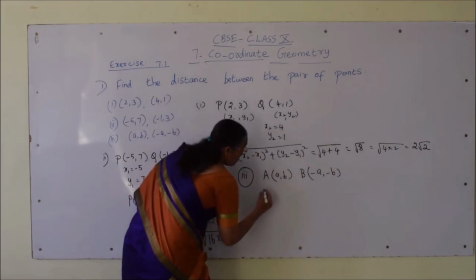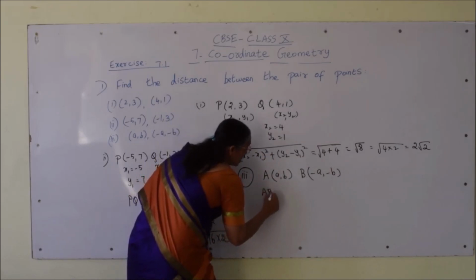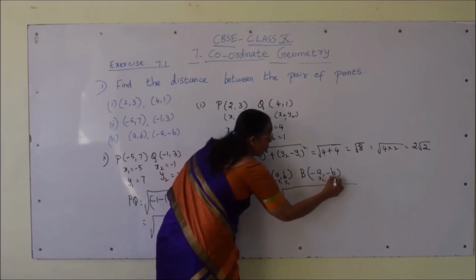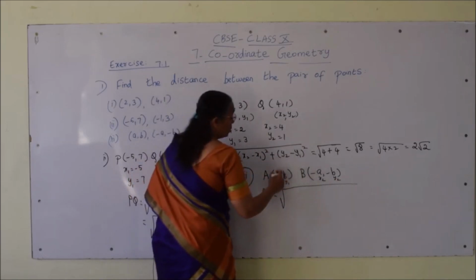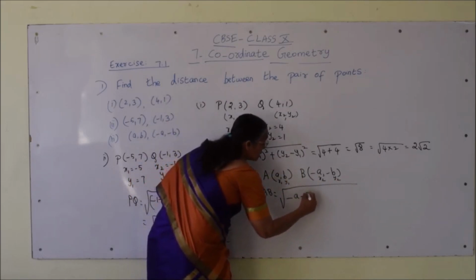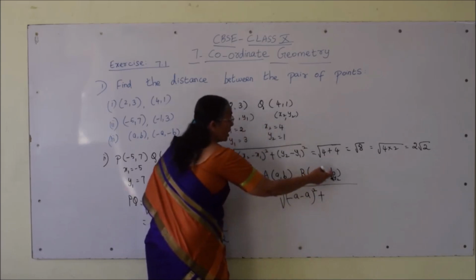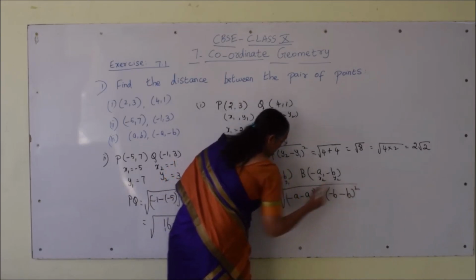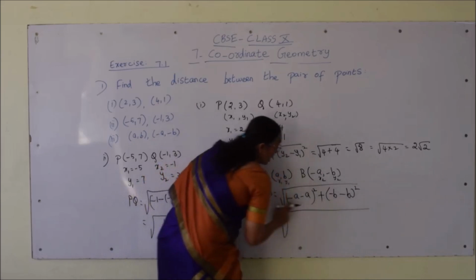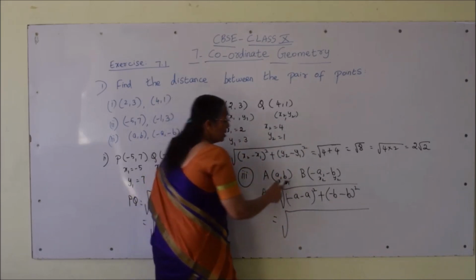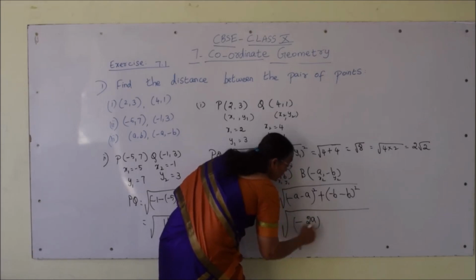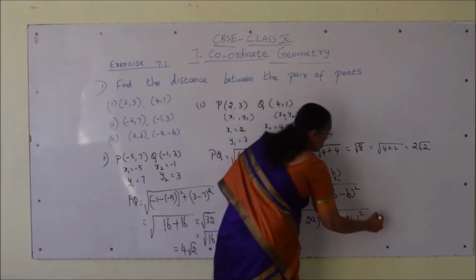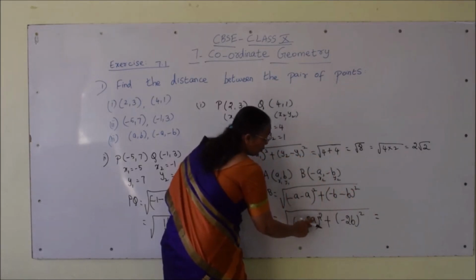Now, the distance AB is root over, with x1, y1, x2, y2: (x2 minus x1) whole square, minus a minus a, whole square, plus (y2 minus y1) whole square, minus b minus b, whole square, which is root over (minus 2a) whole square plus (minus 2b) whole square.